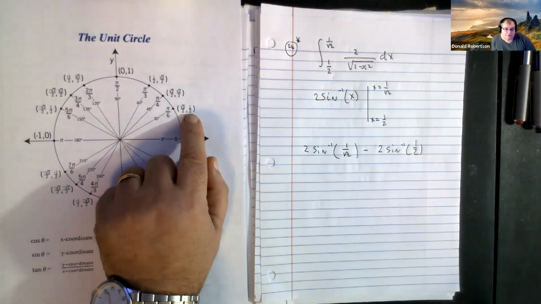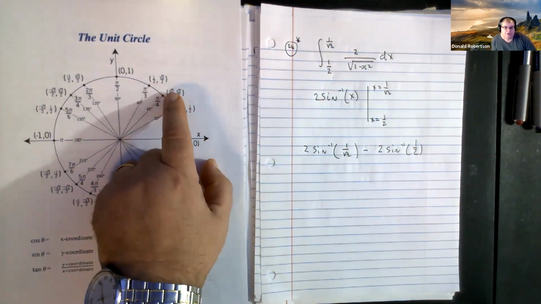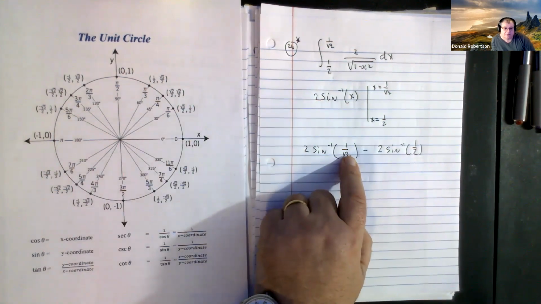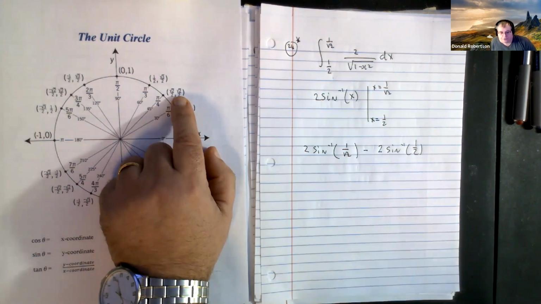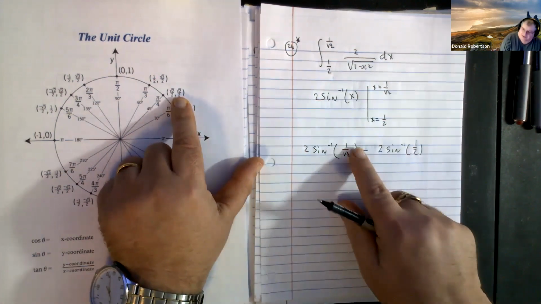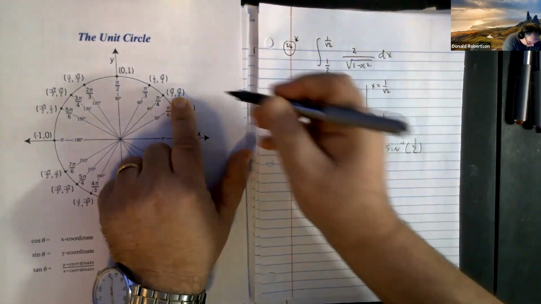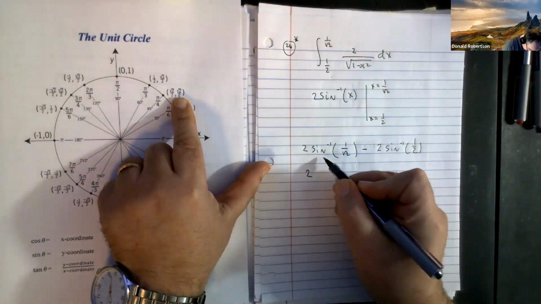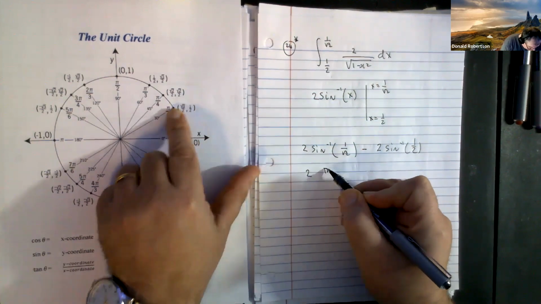If I look at the choices, I've got 1/2, root 2 over 2, and root 3 over 2. None of them look like they're that guy. But then look again. Isn't square root of 2 over 2 the same thing as 1 over root 2? If you multiplied the top and bottom by root 2, you'd get that guy. That tells me that the inverse sine of 1 over root 2 gives me the angle pi upon 4.